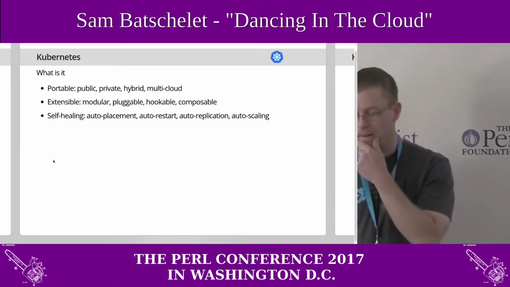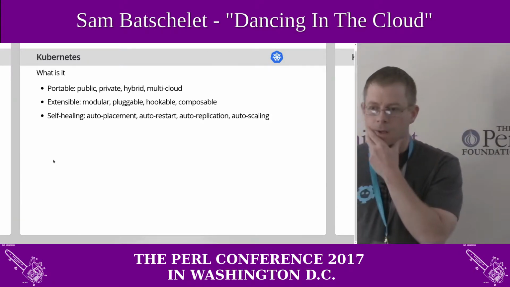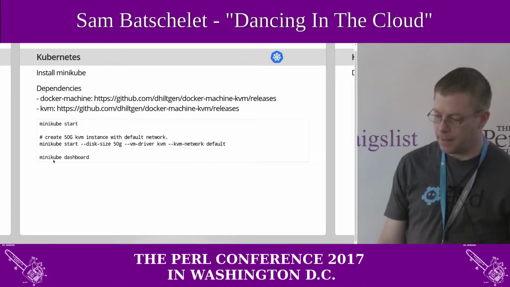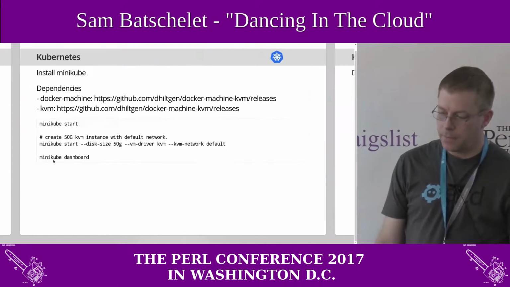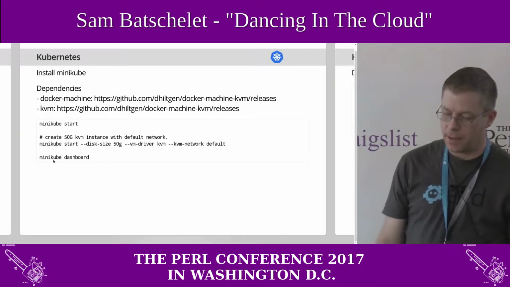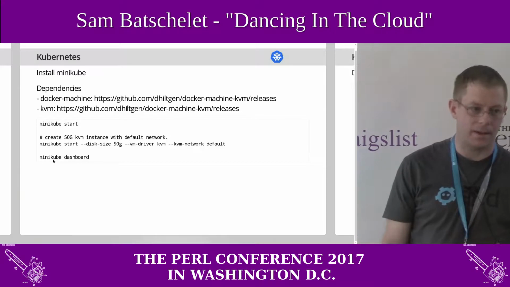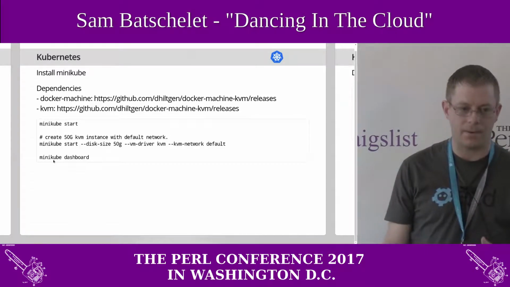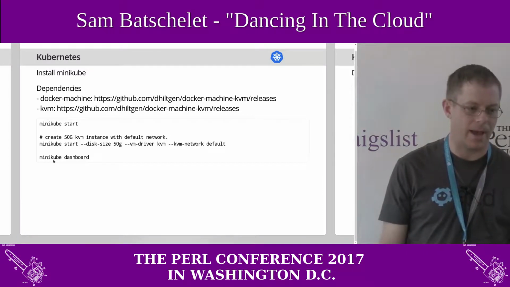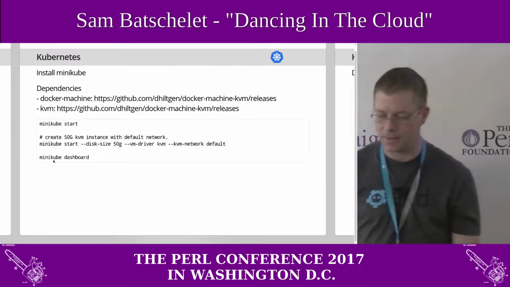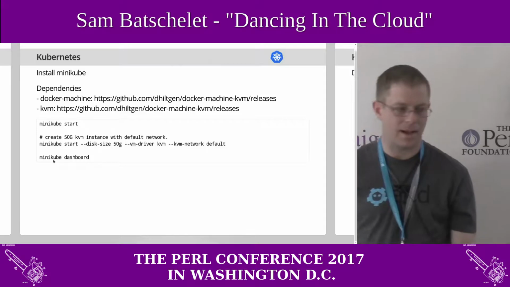Kubernetes. A few things on the slide if you guys can take a look. A lot of people think Kubernetes is a really complicated setup, and it is. But with Minikube now, you can install it on your laptop and have it running in seconds, as long as there are a few basic dependencies, Docker machine, KVM. It's really cool and allows easy interaction.